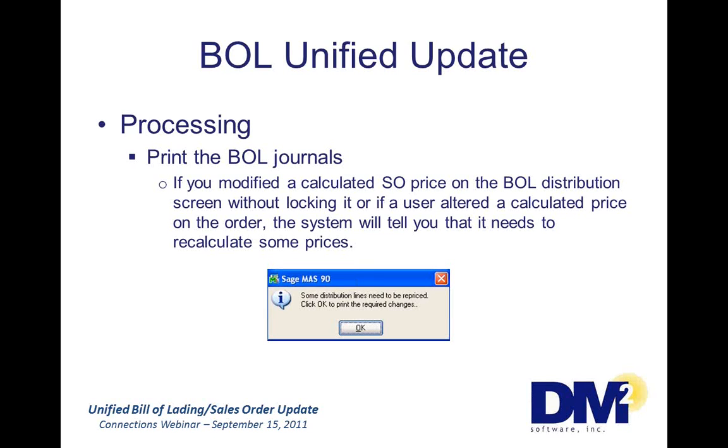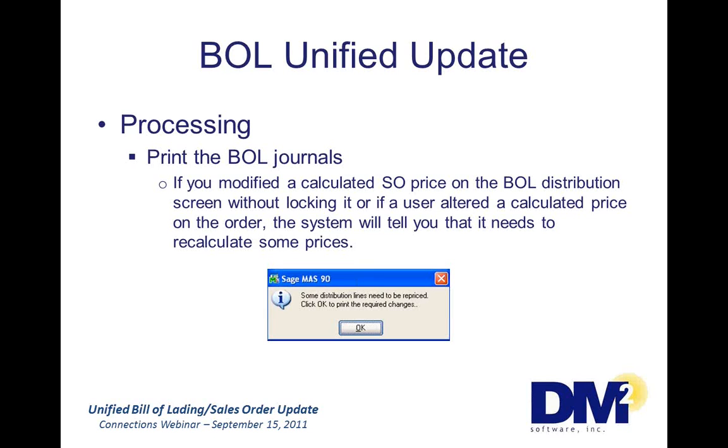After you're through entering your bill of lading, you're going to print your bill of lading journal. If you modified a calculated sales order price on the bill of lading distribution screen without locking it, or if a user altered a calculated price on the order itself, the system will tell you that it needs to recalculate some prices.